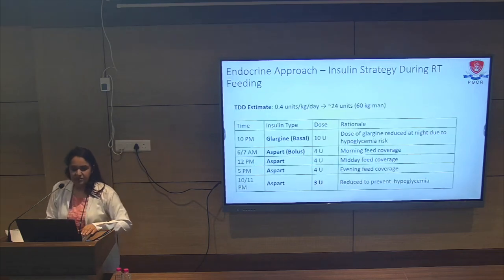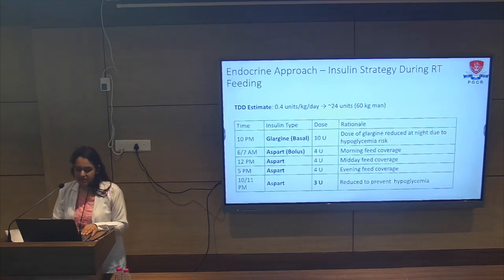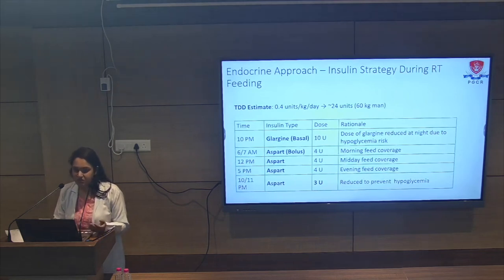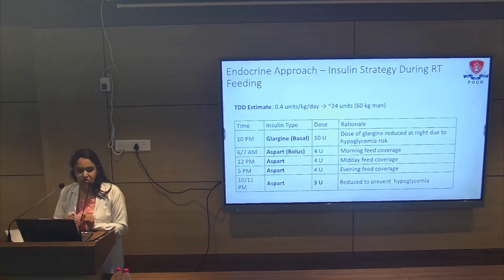Now, insulin strategy: here we calculate the total daily dose estimate of around 24 units in this case. As we saw that the patient had a few early morning hypoglycemic episodes, we divided it 50-50. The glargine was supposed to be 12 units, but we have reduced it to 10 units to reduce the hypoglycemia.